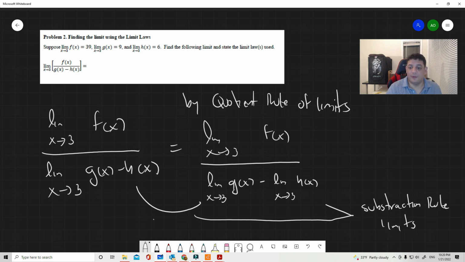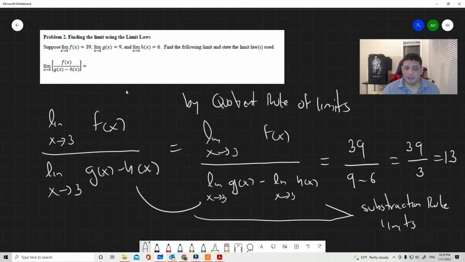Okay, so more of the properties that we previously discussed. And this is 39 on the top, and this is 9 minus 6. So 39 over 3, that's going to be 13. So this is pretty much another example of using properties of the limits.